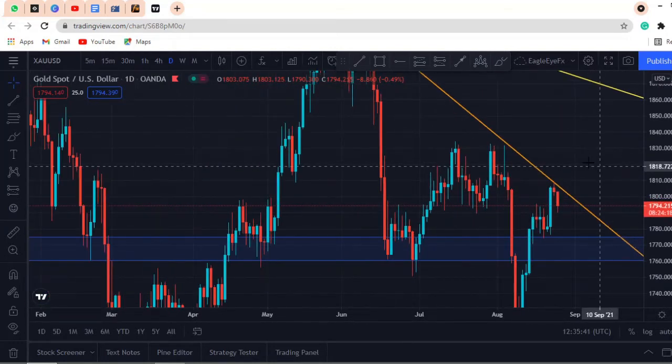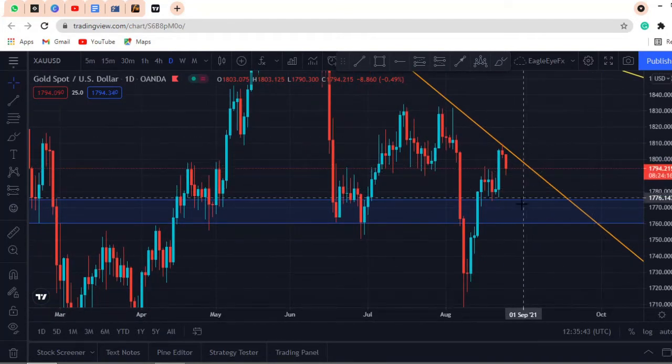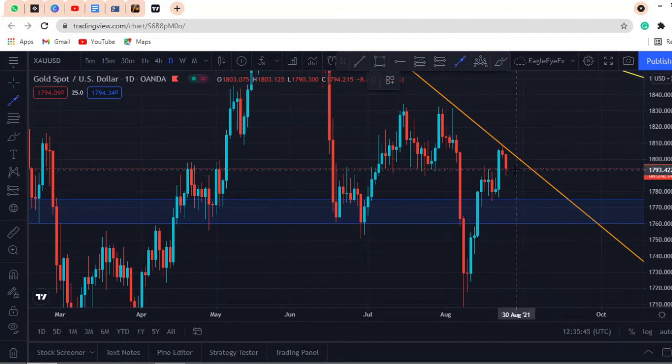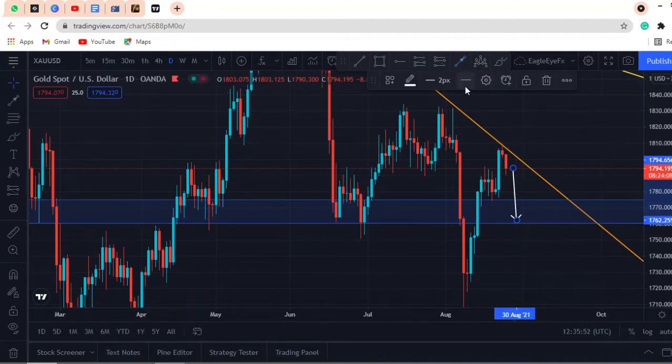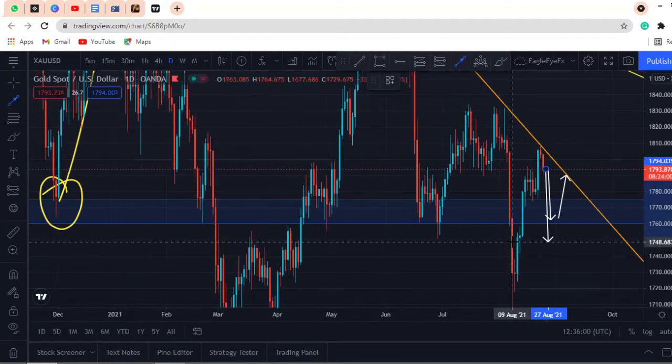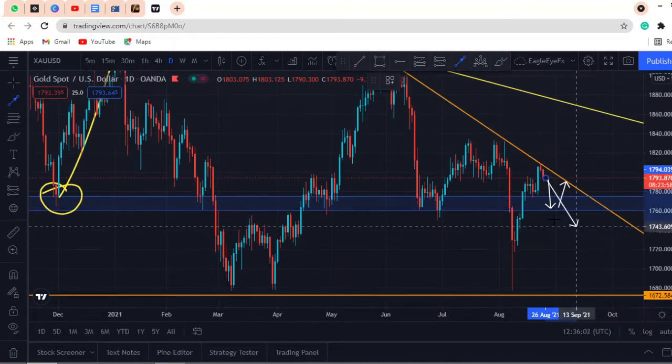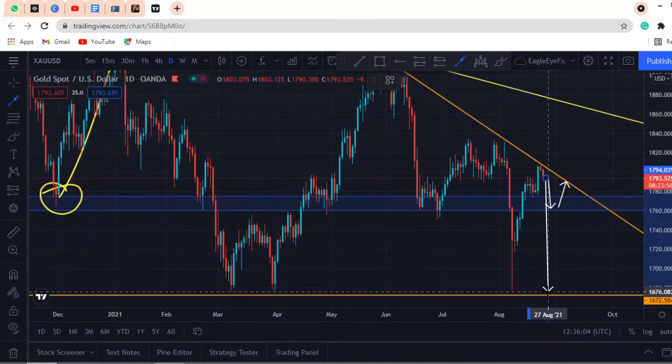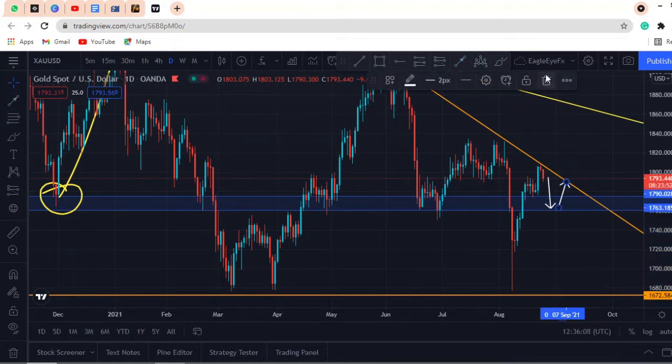From a daily time frame, I can see that this gold is going to come all the way up to here, maybe before it pushes up again, or it might break all the way up to this particular level here. We are yet to see movement.